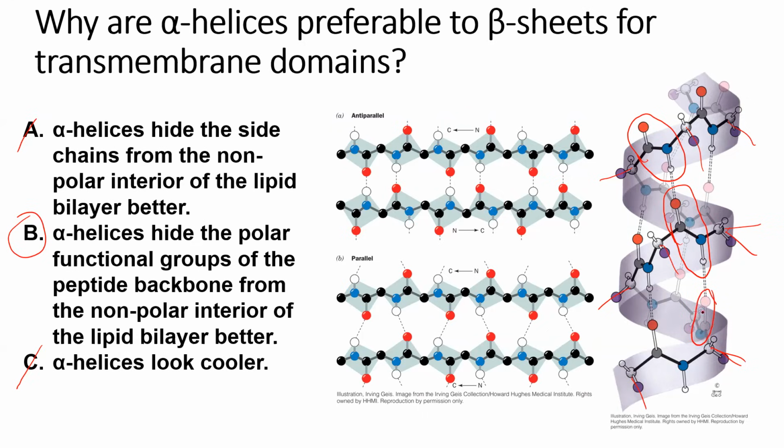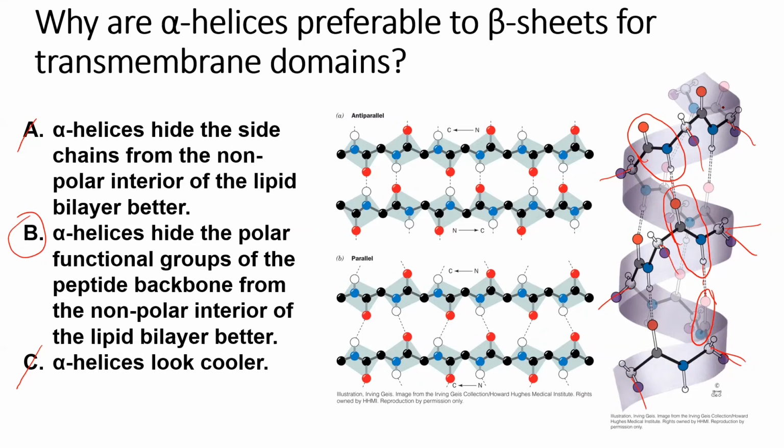So notice how in the alpha helix, they hydrogen bond with each other, okay? And what that does is that means the CO and NH groups are in plane with the outer barrel of the helix, like the exterior wall of the helix.